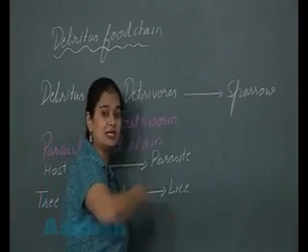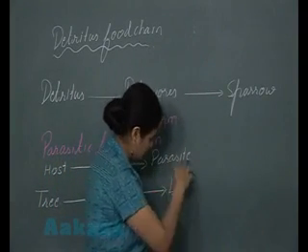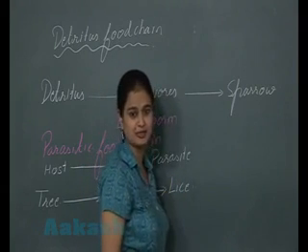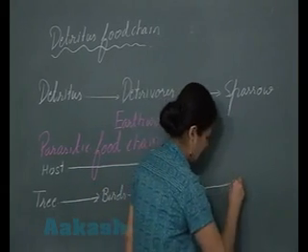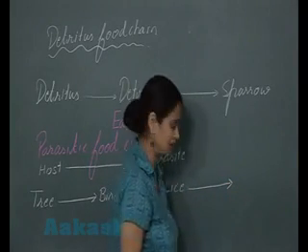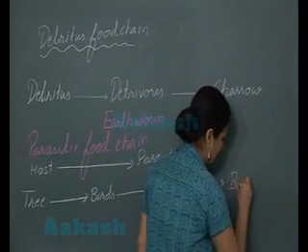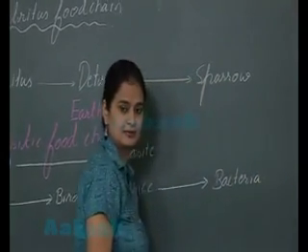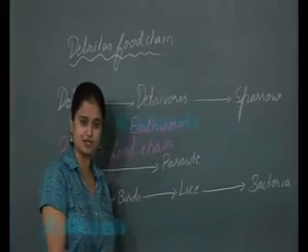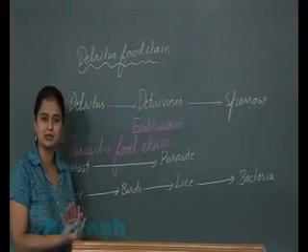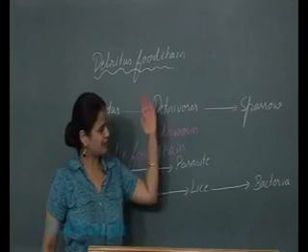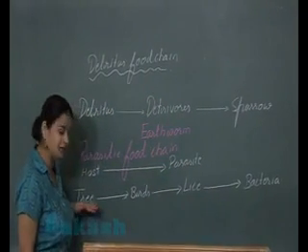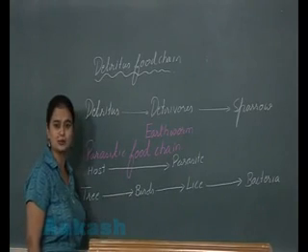And over these parasites there can be the presence of hyperparasites, which are present over the louse, that is the microorganisms like bacteria. So the parasitic food chain starts with the host and ends with the parasite, and the example which we have taken is for the tree ecosystem.